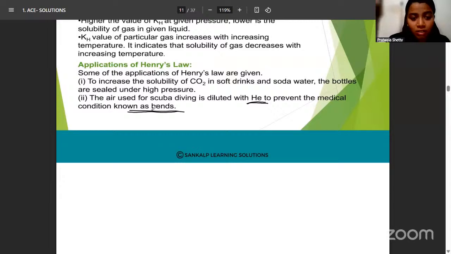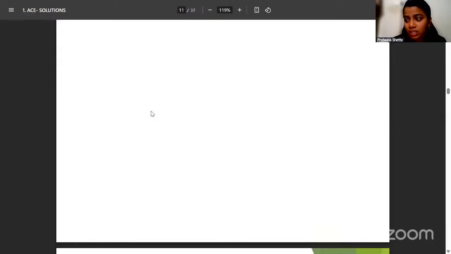The tanks used by scuba divers are filled with air diluted with helium. So please remember this: helium is used to dilute the air in scuba divers' tanks. Okay, so this is the place where Henry's law is applied. Quickly, let's move on to the next one.